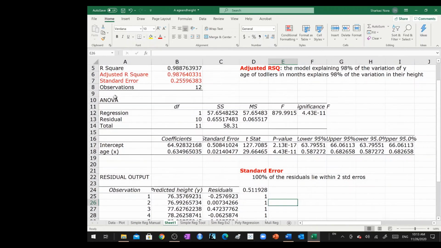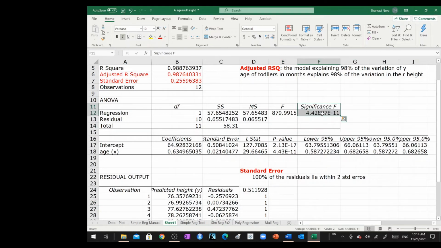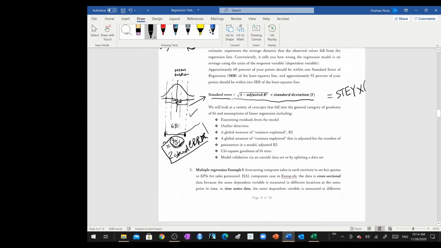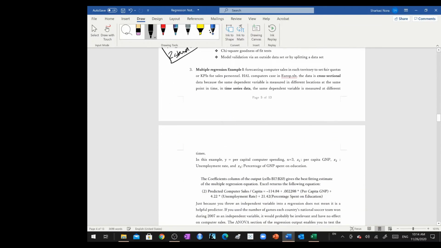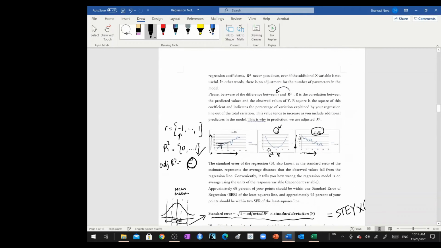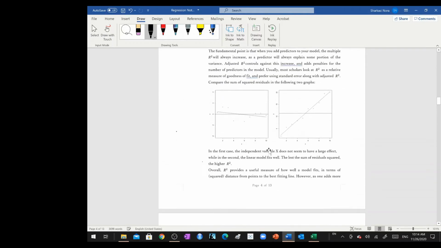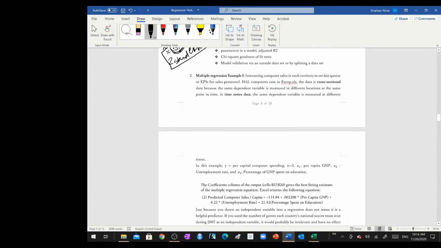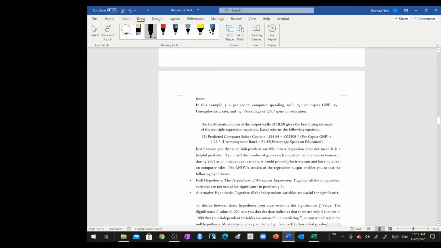Let's move on. Let's explain here the Anova table. The Anova table over here, guys, is basically about testing the null hypothesis, again, that all these variables together are useless. So where is the f-test I have? I added it somewhere after the R squared and the standard error for you guys.